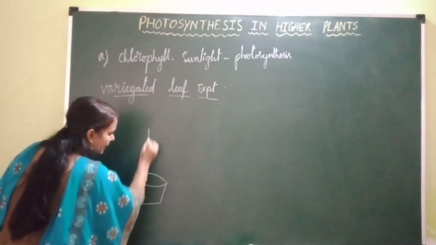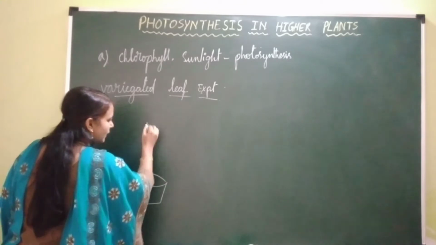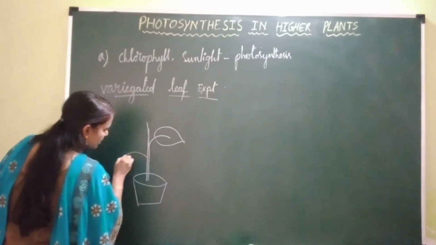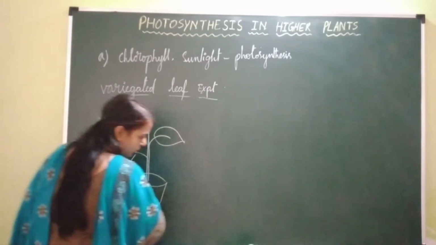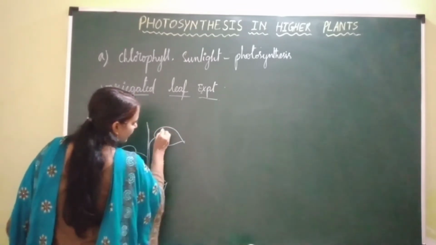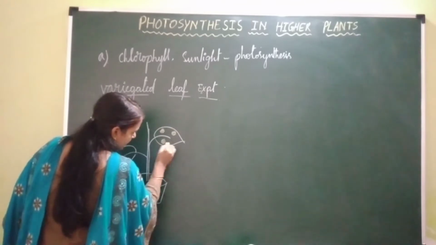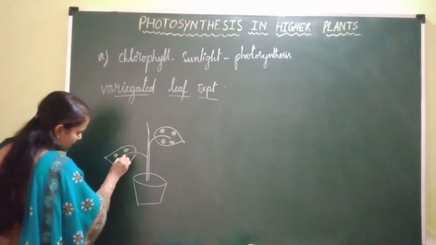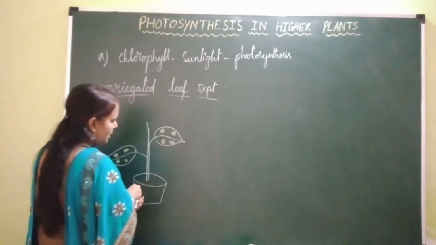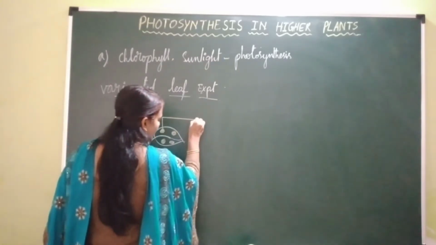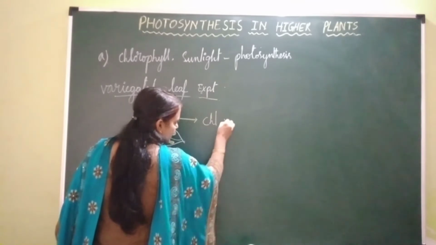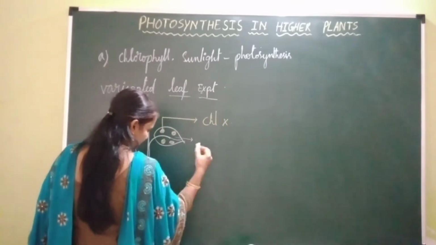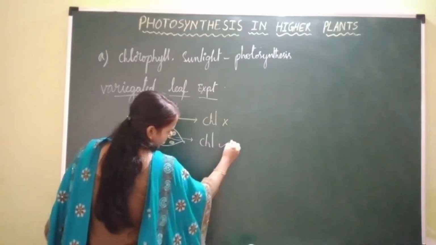Variegated leaves are leaves with yellow colored patches along with green color. These yellow colored patches are the points where chlorophyll is absent, and the remaining green colored part of the plant leaves consists of chlorophyll.